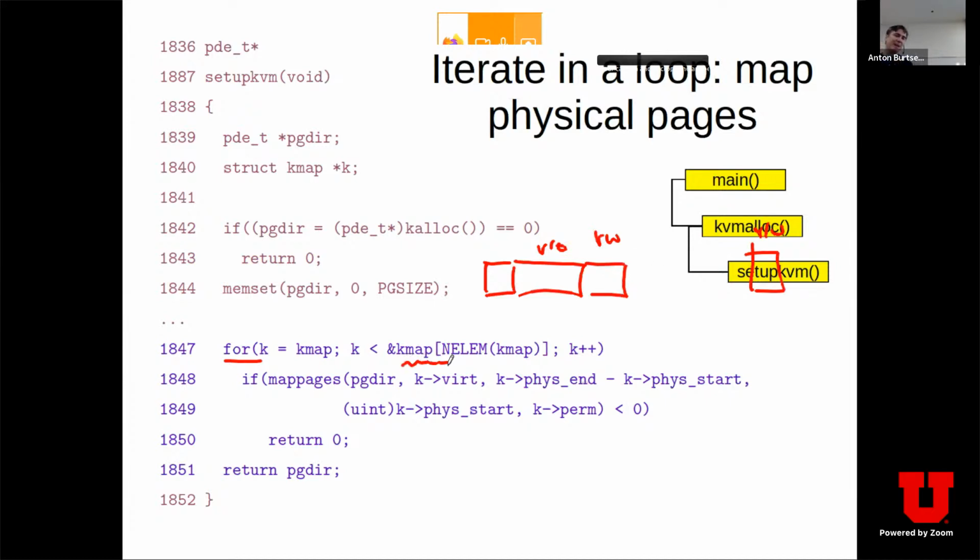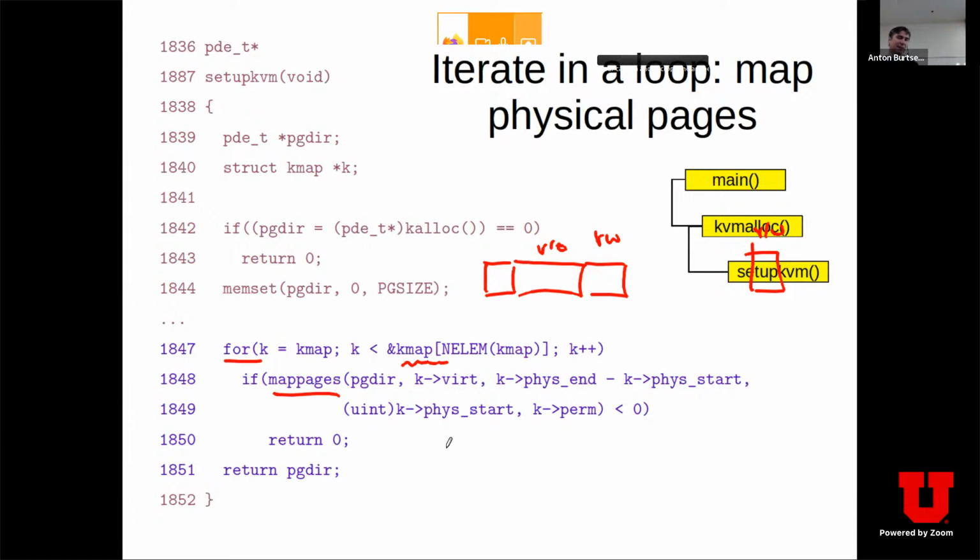We will keep them as a kernel map array. This kernel map array just describes those regions: start address, end address, virtual addresses, and physical addresses as well.